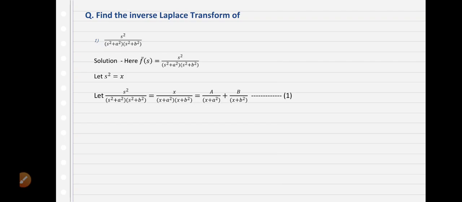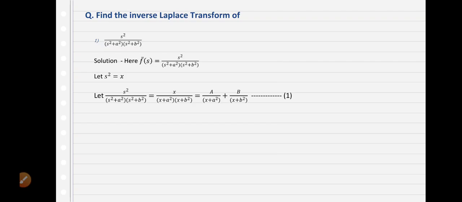And now x plus a square and x plus b square, these two are the linear factors, and hence we can write it as A, the first constant, upon the first linear factor x plus a square, plus B upon x plus b square. So here by substitution we are converting type 2 example into type 1 example, with the substitution of s square equal to x.